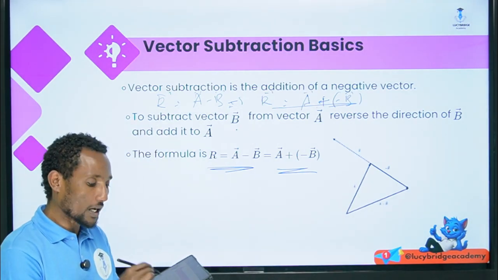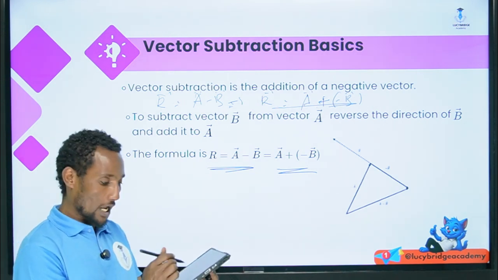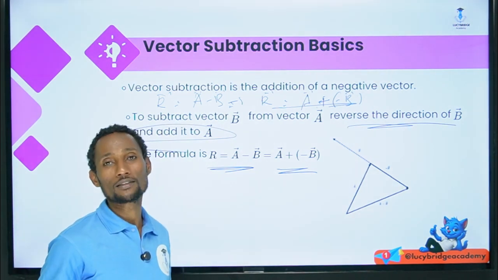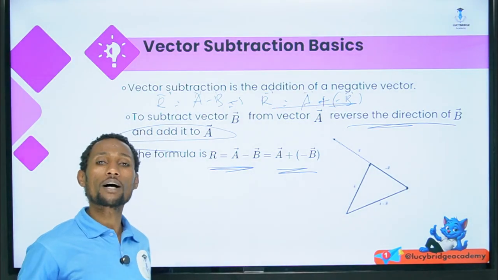In this case, to subtract B from A, the reverse direction of B is added to A. The reverse direction is what we have to change.